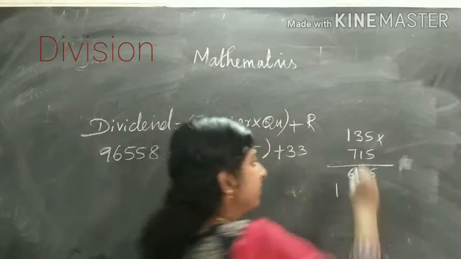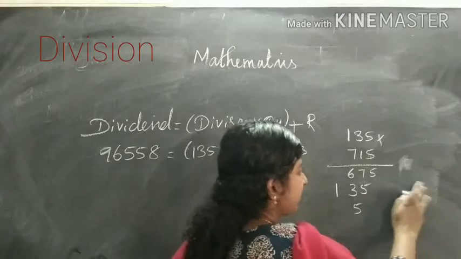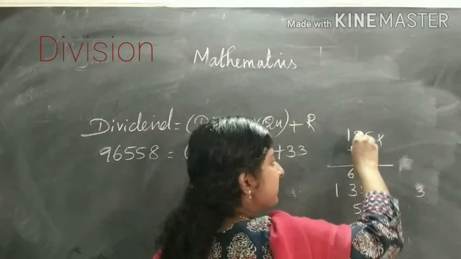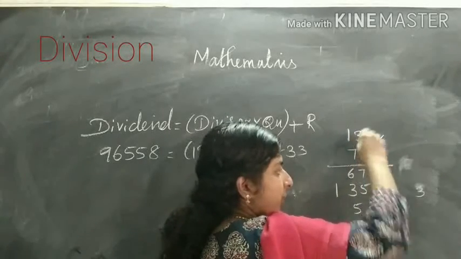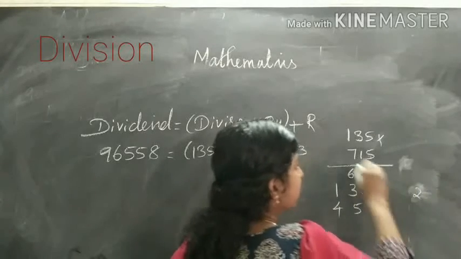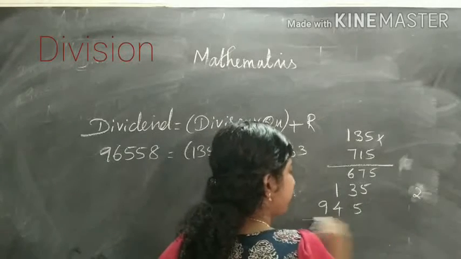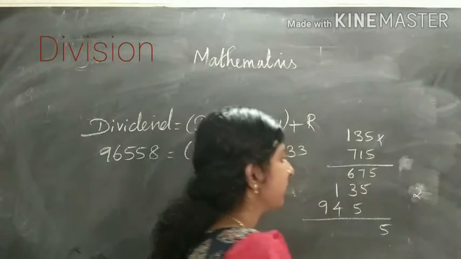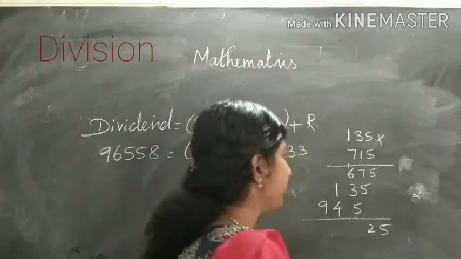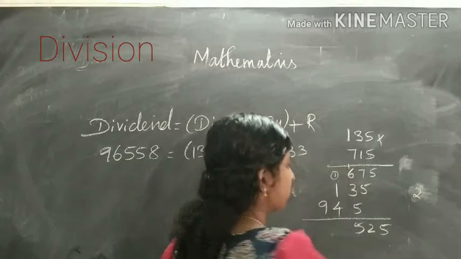Then 7 5s are 35, 5, 3 balance. Then 7 3s are 21, 21 plus 3, 24, 4, 2 balance. Then 7 1s are 7, 7 plus 2, 9. Here 5, 12, 2, 1 balance. 6 plus 1, 7, 7 plus 3, 10, 10 plus 5, 15, 5, 1 balance.